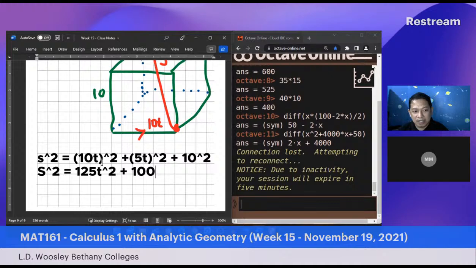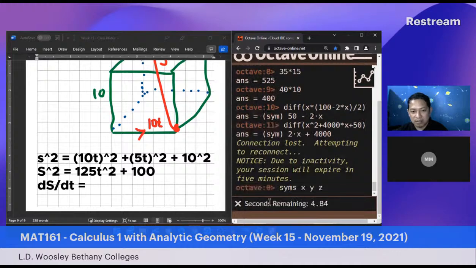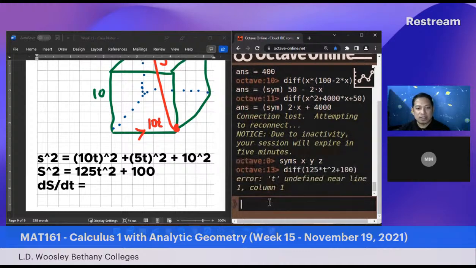So, getting the derivative, what would be the derivative of ds with respect to t? We could make use of this. Our XYZ is still working. Then the derivative of 125 times t raised to 2 plus 100. Oh, by the way, not t, sorry, x.